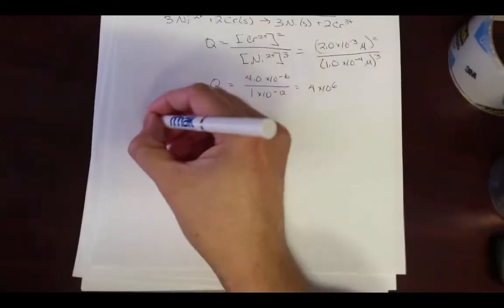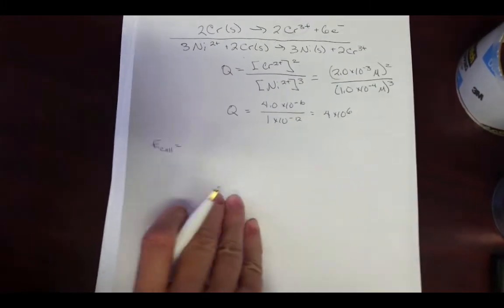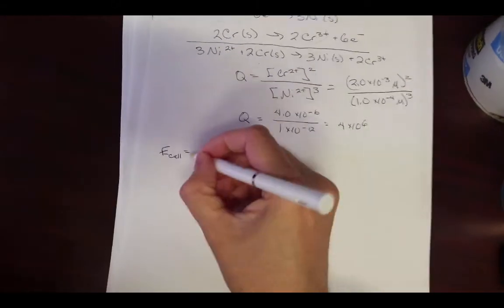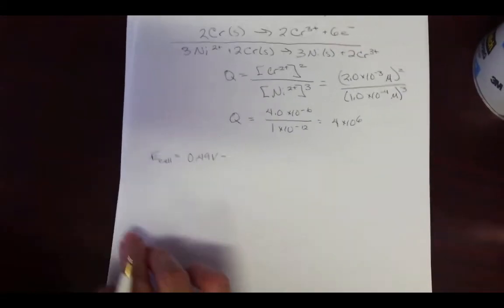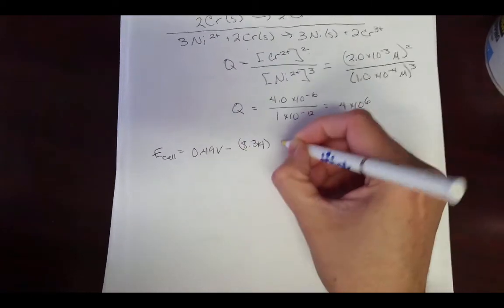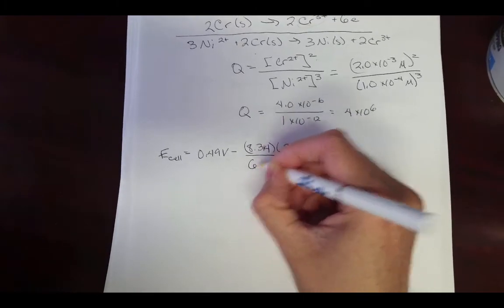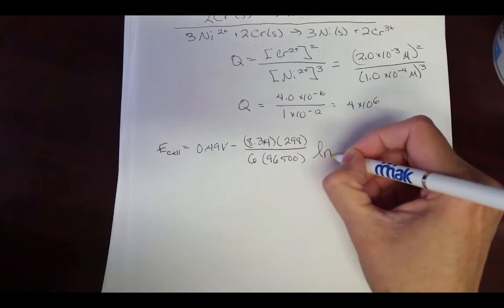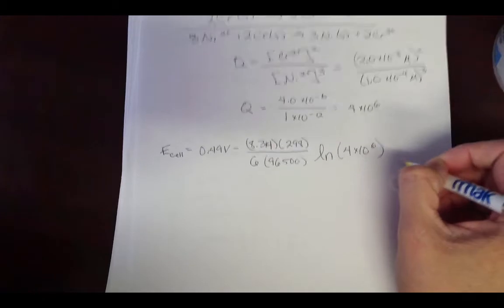E cell equals my E cell standard, which is 0.49 volts, minus 8.314 times my temperature, divided by the number of electrons times Faraday's constant, times the natural log of Q, which is 4 times 10 to the positive 6.